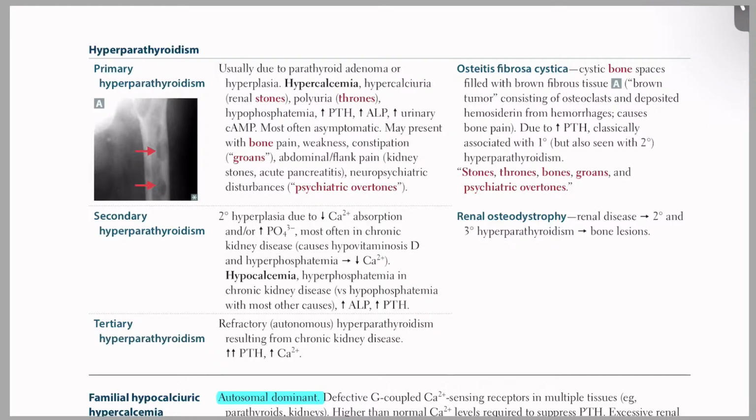Increased ALP, increased PTH. Renal osteodystrophy, renal disease, secondary and tertiary hyperparathyroidism, bone lesions. Tertiary hyperparathyroidism: refractory autonomous hyperparathyroidism resulting from chronic kidney disease, increased PTH, increased calcium.